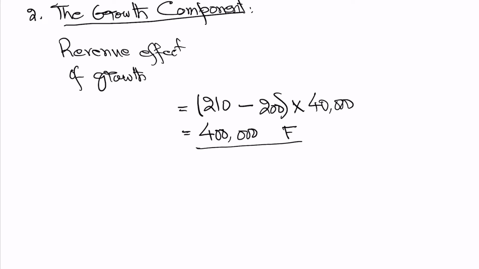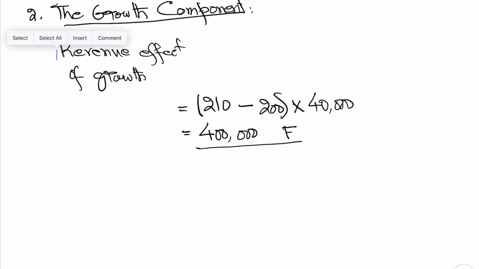Now the cost effect of growth for variable cost and for fixed cost, we have to calculate it. We have to keep in mind that we need to find the units required to produce 2019 output in 2018. How many units we required to produce 2019 output with the same proportion we used in 2018.